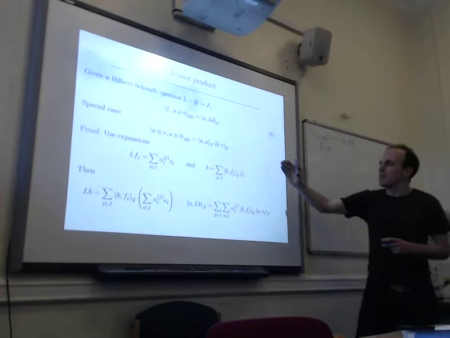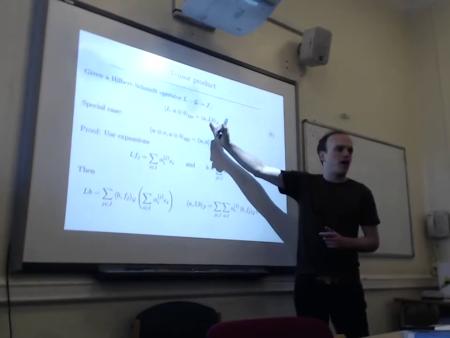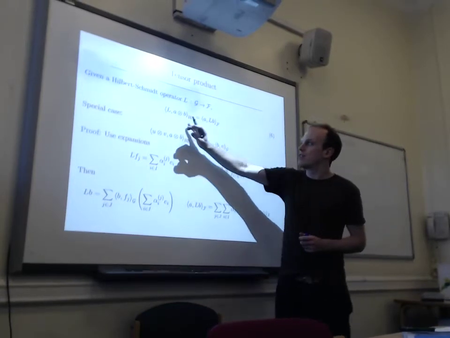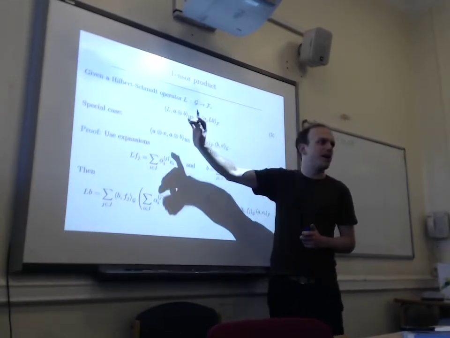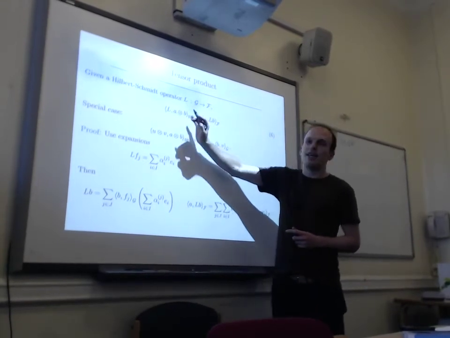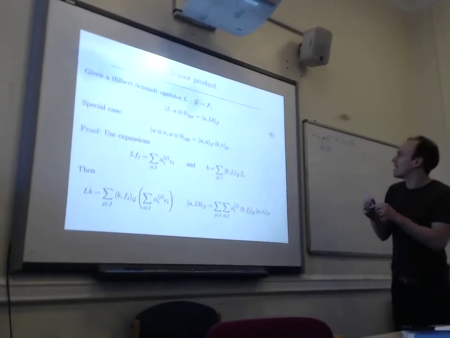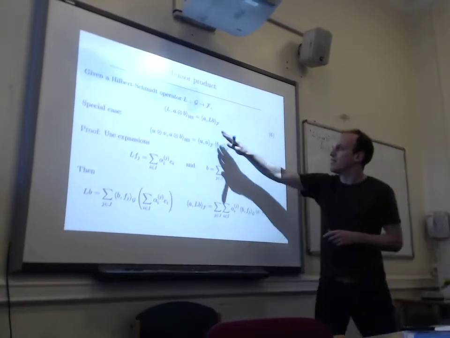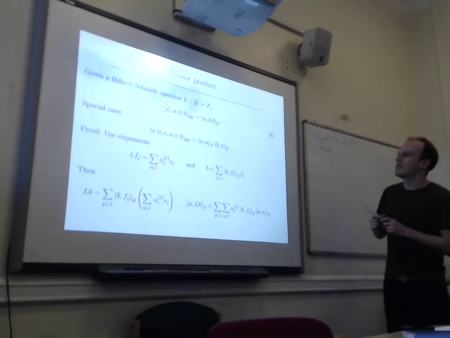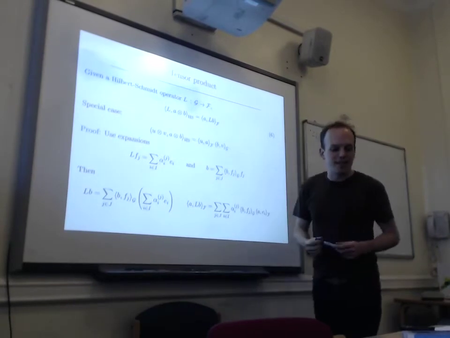What does this look like in terms of operations on this space here? And the answer is basically this expression here. If I take an object B in my Hilbert space, then this just looks like the inner product in my Hilbert space of this L function and this tensor operation. So this means that I can now write this operation here, which is what I want to show, in terms of an operation in my tensor space.